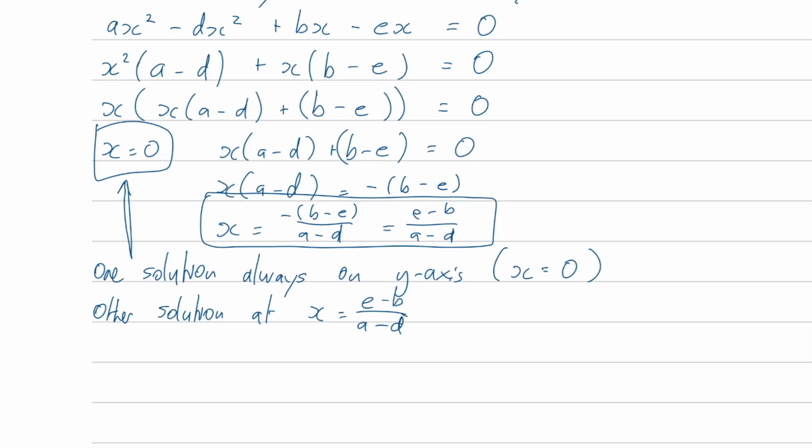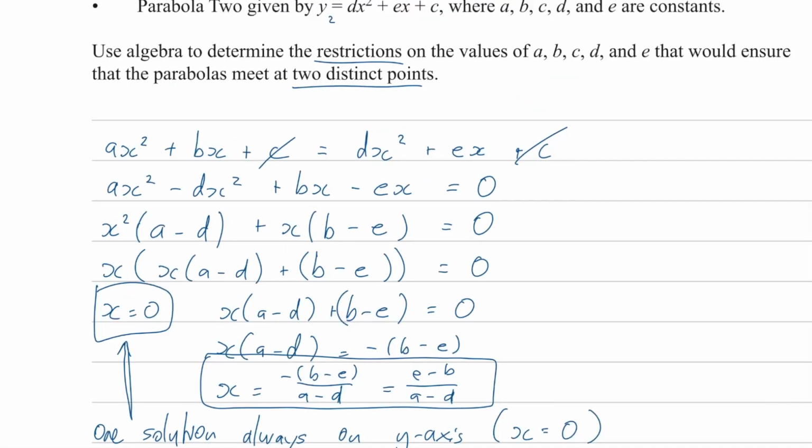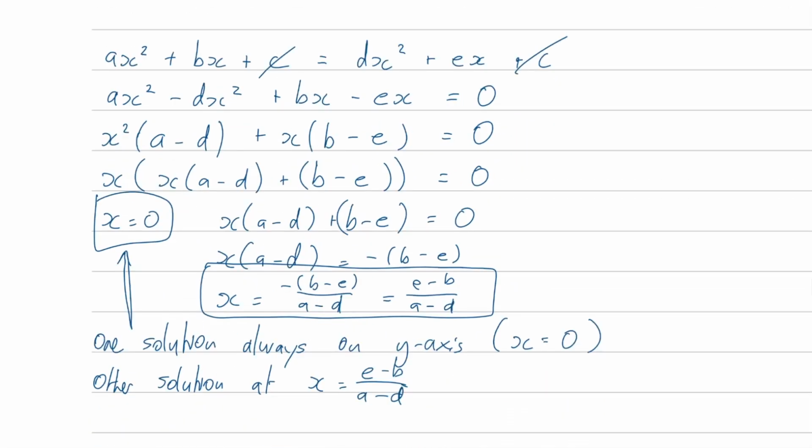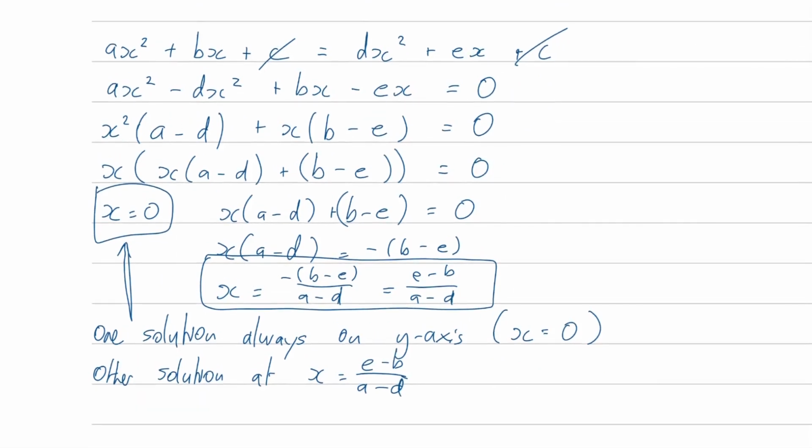Great. And remember, this problem asks us to have two distinct intersection points. So it's always going to be at x equals 0. That's great. That's a free one. But there are some times, like for certain a, b, d, and e values, that we wouldn't get one here. So have a think.